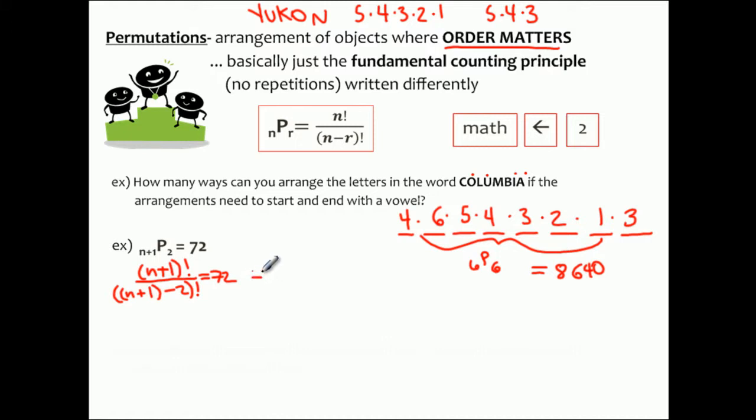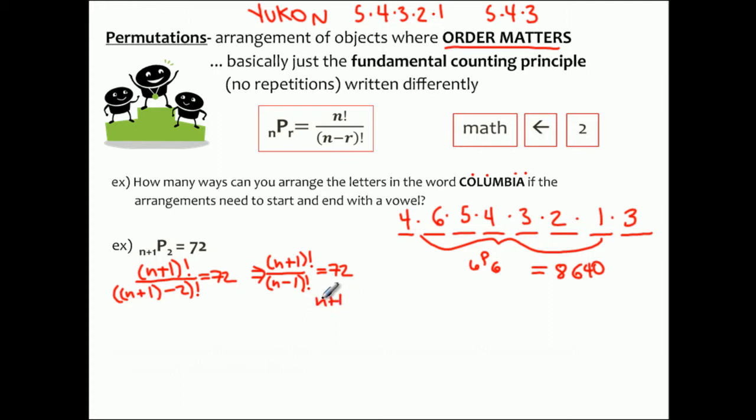Next, we can simplify this a bit. We have n plus 1 factorial over n plus 1 minus 2, which is the same as n minus 1, because negative 2 plus 1 is minus 1. So this gives us 72. Now our strategy from before, when we're dealing with fractions and factorials combined, is to expand the bigger term.